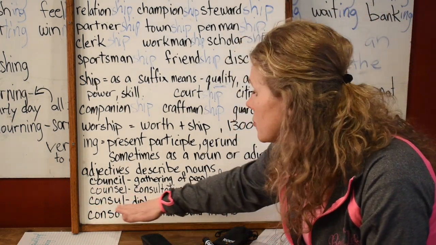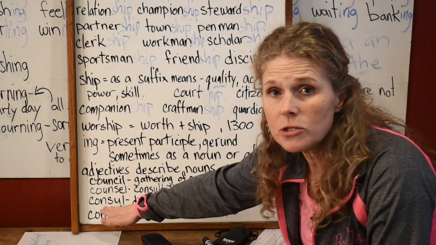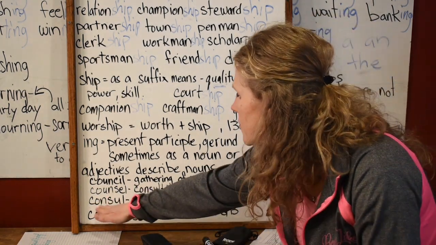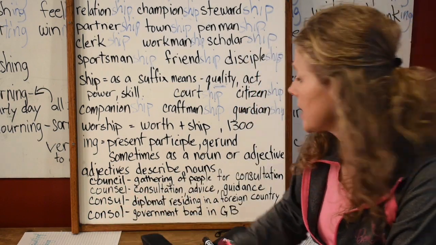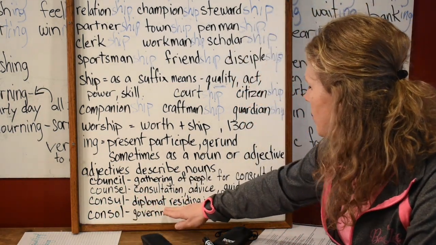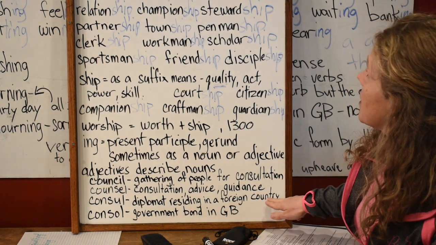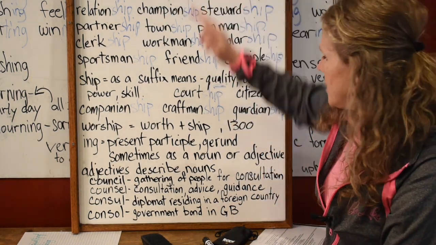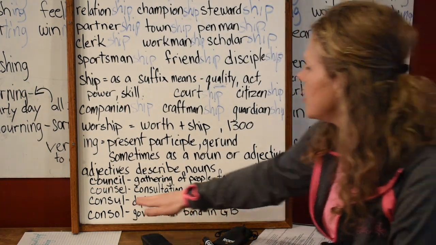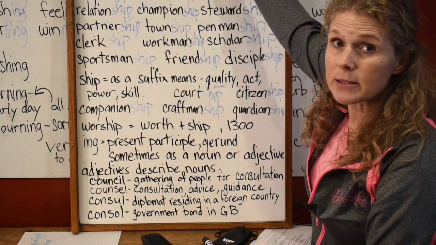Okay, now a consul, this could either be consul or counsel. That's why this is confusing. You hear this both ways. A lot of people call it counsel, but this is a diplomat residing in a foreign country. And I had that up here. So this is another definition. And this one is more in the past.